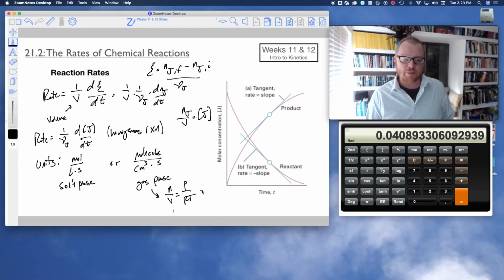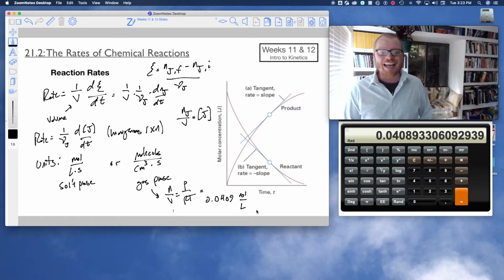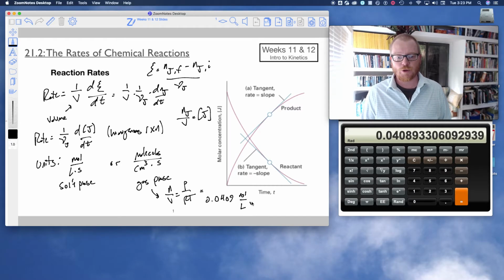So that gives me 0.0, I'll do 3 sig figs, 409 mole per liter. And to get that into molecule per cubic centimeter, we know that in 1 mole, there's Avogadro's number, so 6.022 times 10^23.